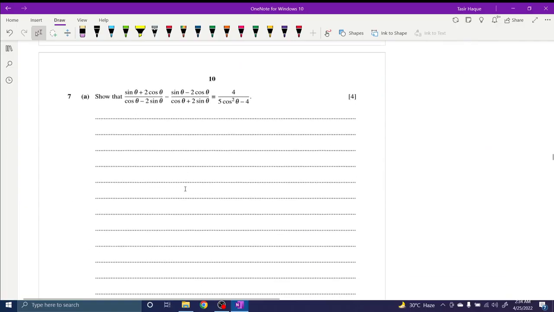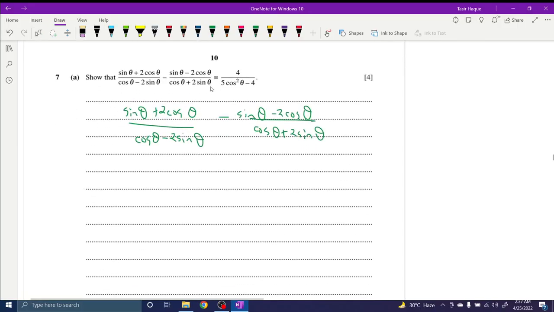Okay, moving on. Show that this is equal to this. It's an identity. (sine theta plus 2 cos theta) divided by (cos theta minus 2 sine theta) minus (sine theta minus 2 cos theta) divided by (cos theta plus 2 sine theta). Let's do this. Right, so for this one, we have to do LCM.